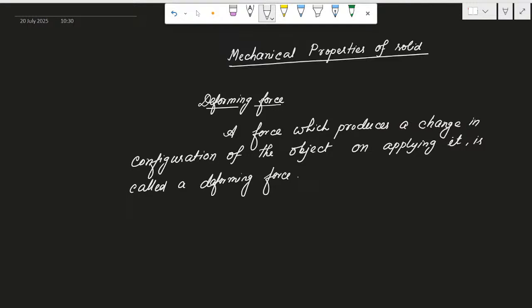The first force we have discussed is the deforming force, which is responsible for deformation of the solid. Now we consider another property, known as elasticity.